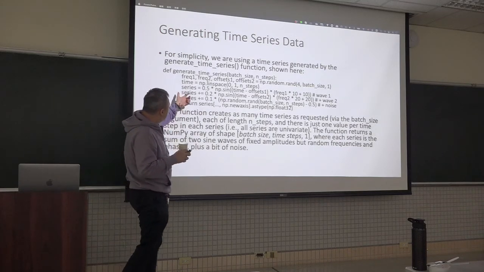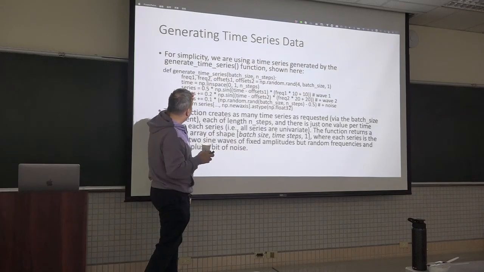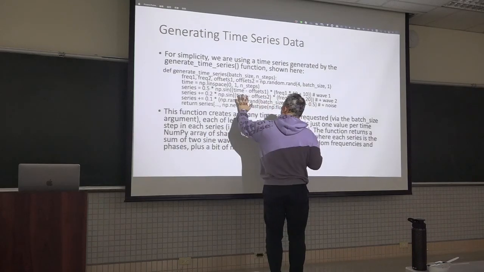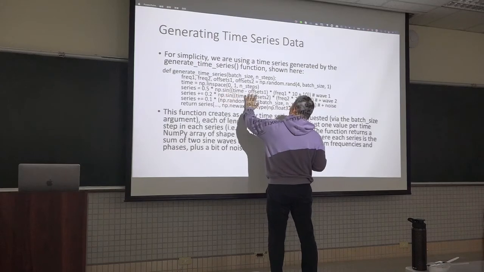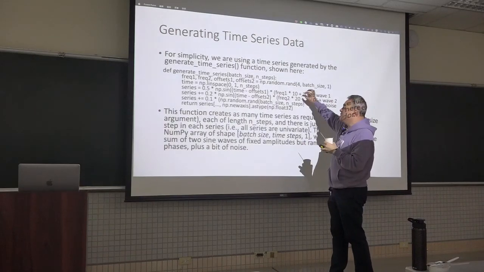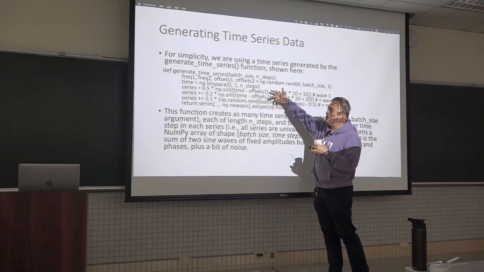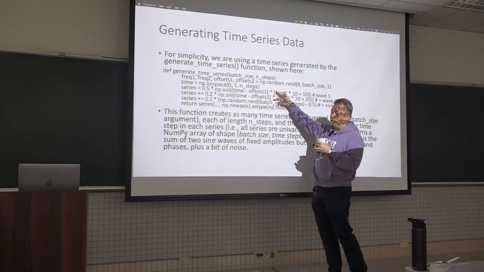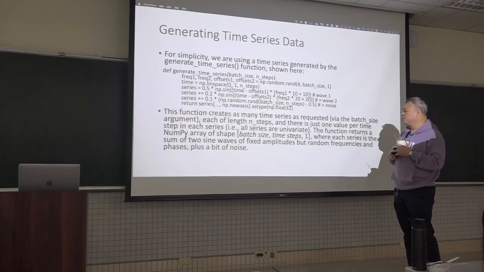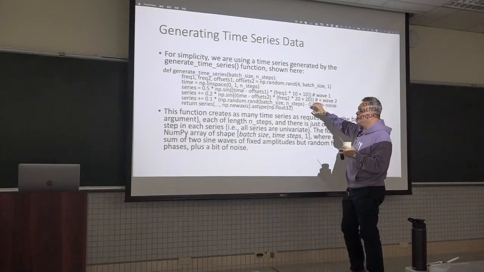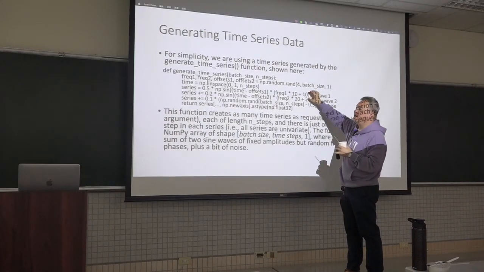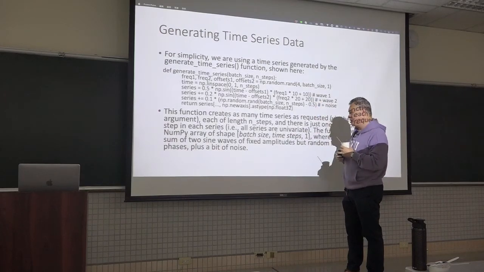But here we use those random values as the input of a sine value, and also the offset, and also as the amplitude of the sine value. Then we intentionally add 2 sine values just to make it more difficult to predict. After that, we also add certain noise into the summation of the two sine values. So that's about it.